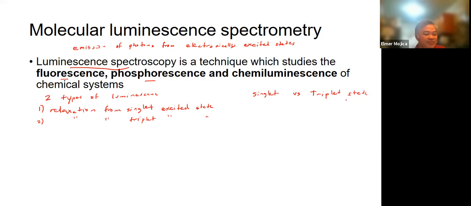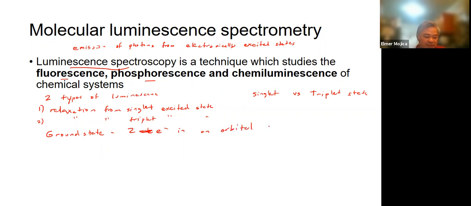What is a state that we learned from your Gen Chem? We have what we call the ground state, right? So when we're talking about the ground state, what is that? We have two electrons in an orbital.